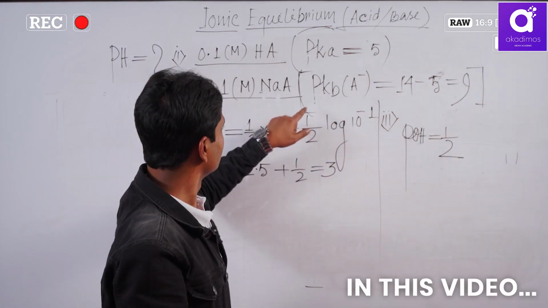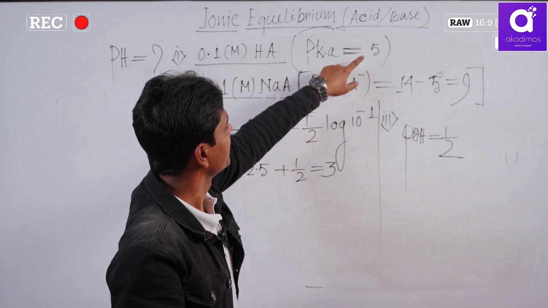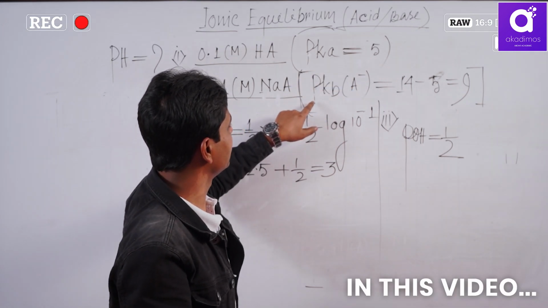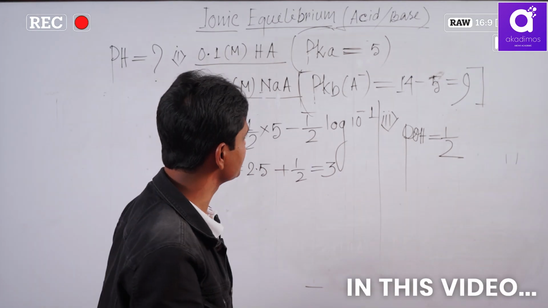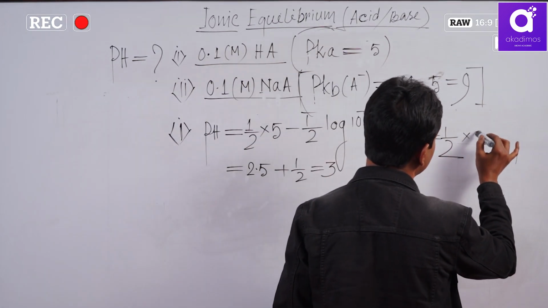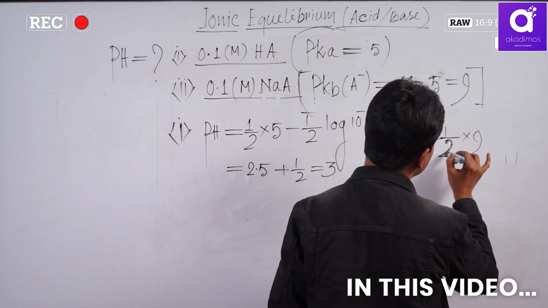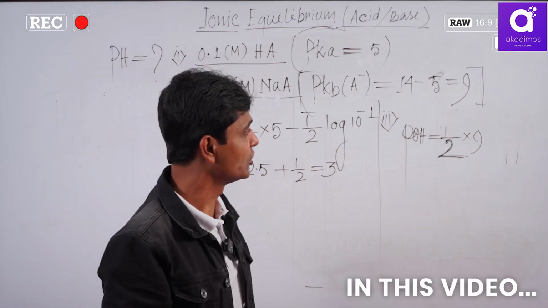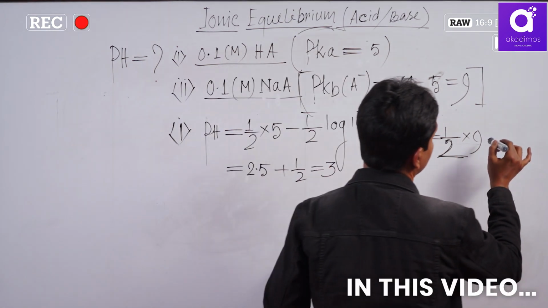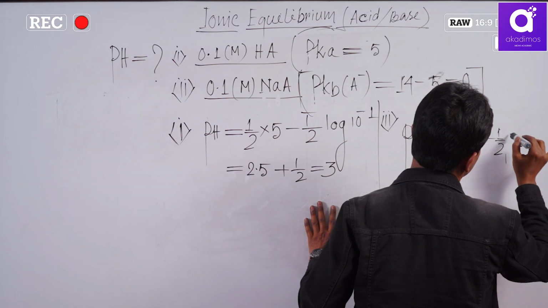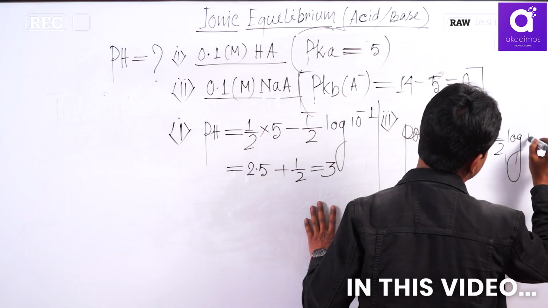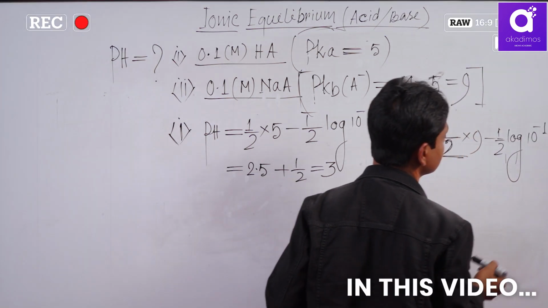Additionally, it will be given. If it is given, you will easily get the pKb of the conjugate base. That means half into 9. Now minus half log C, where C is 10 to the power minus 1.